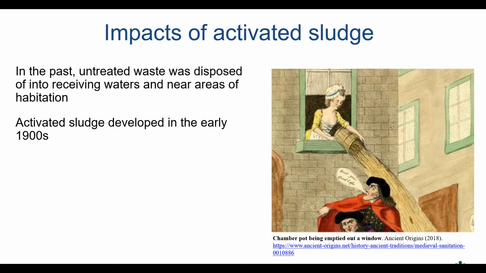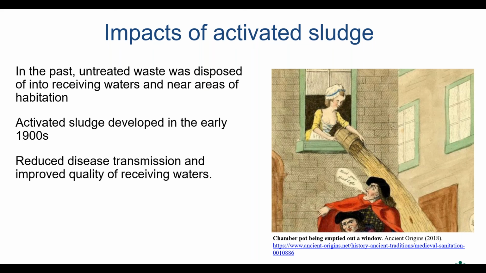If you listed all the top things most significant to human health, penicillin, different types of medical treatments, disinfection, activated sludge would be at least among, if not the top of that list, on impacting human health, preventing disease transmission and protecting receiving waters.